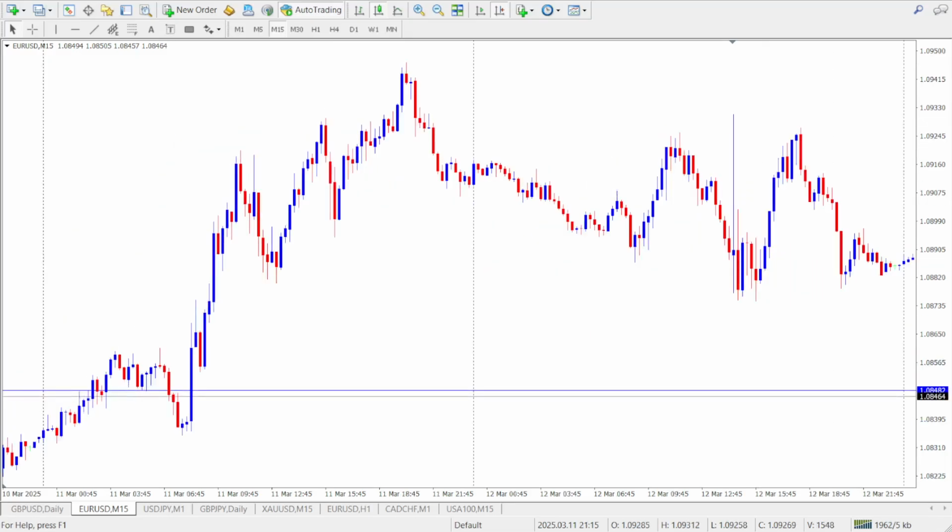Before we talk about how to trade imbalances, we need to understand what they are.